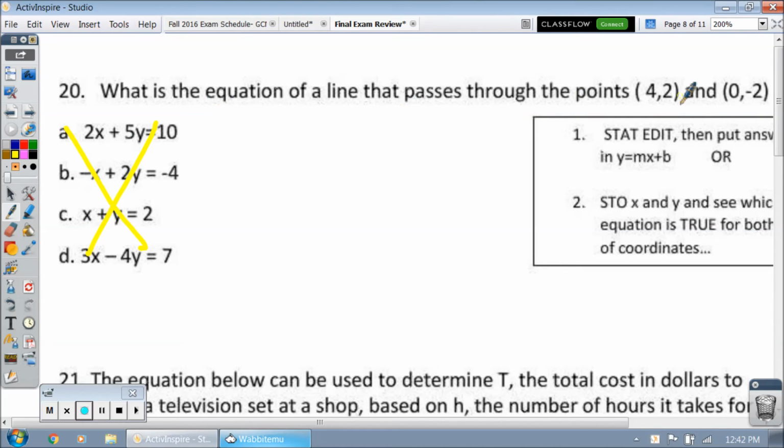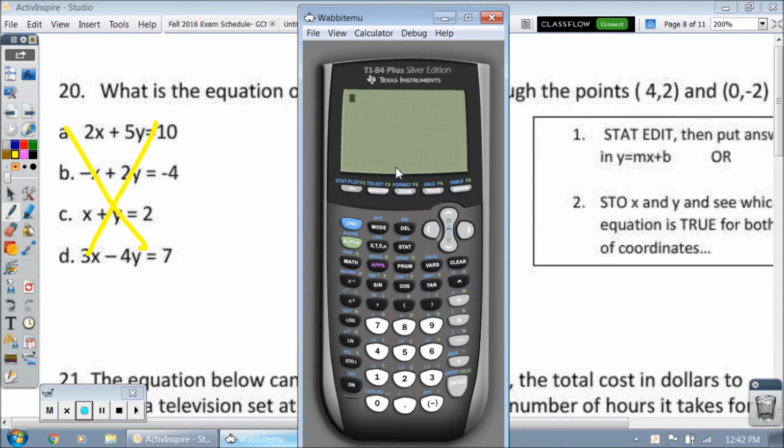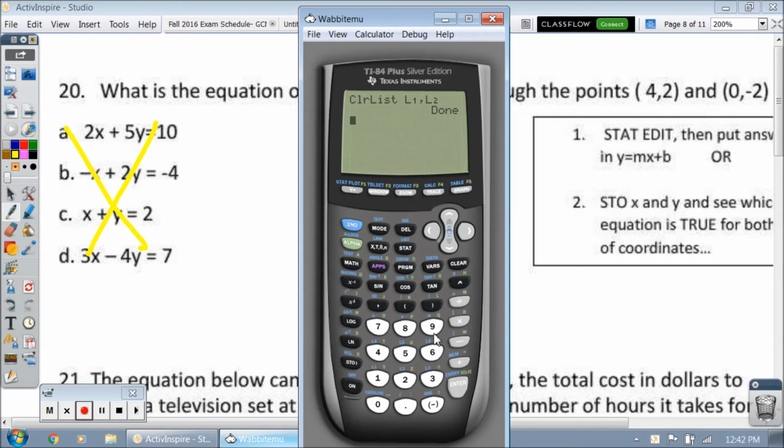What is the equation of a line that passes through these 2 points? Yes, that's stat edit. So we're going to go in stat. Let's clear our list this time. We're going to clear L1, and we want to clear L2.